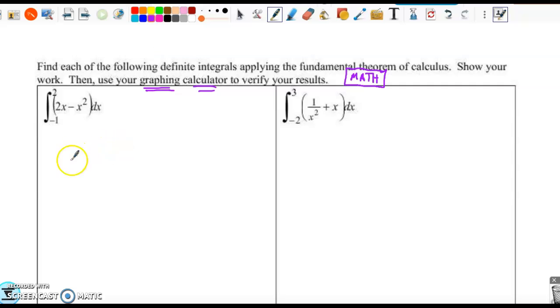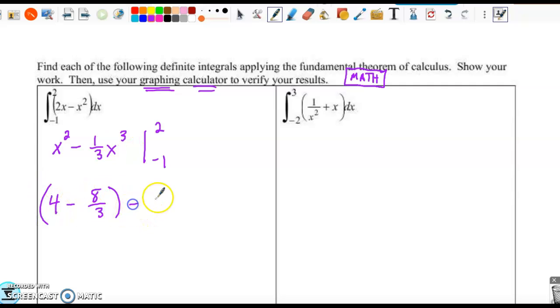But what if it's a no calculator test? Well, if it's no calculator, you actually have to figure out what the antiderivative is. Add 1 to your exponent, divide by 2. Well, that cancels out that 2. Don't worry about the plus c, and we're looking at from negative 1 to 2. So plugging in 2, you get 4 minus 2 cubed is 8. And then you're going to subtract off.